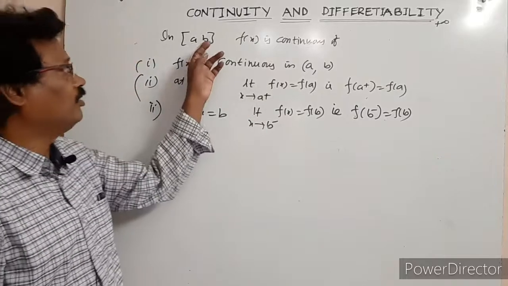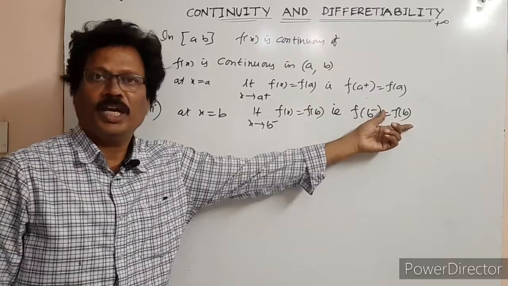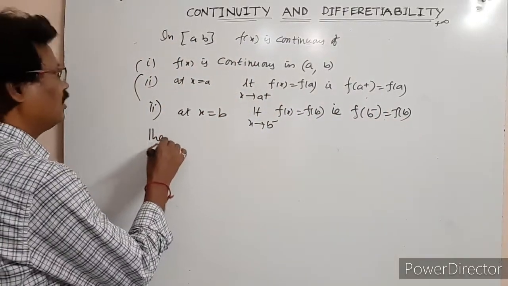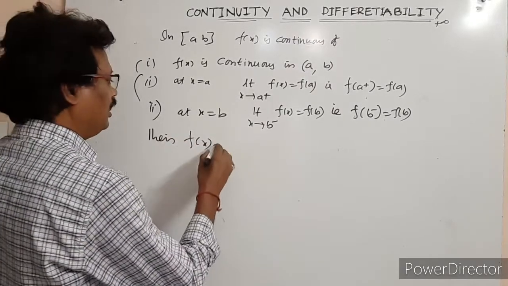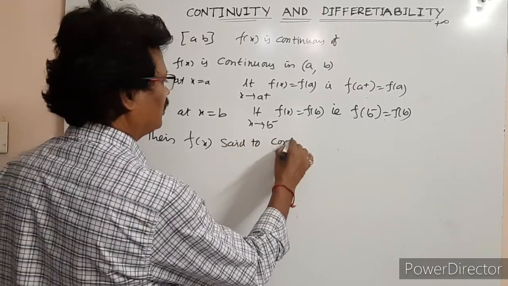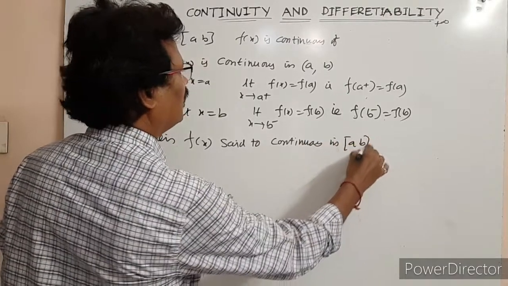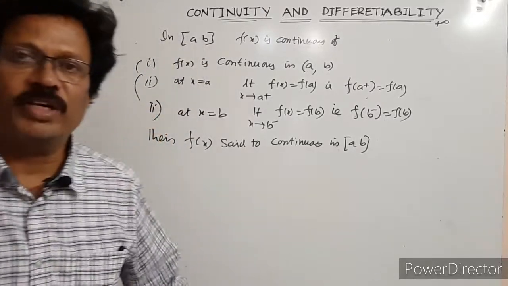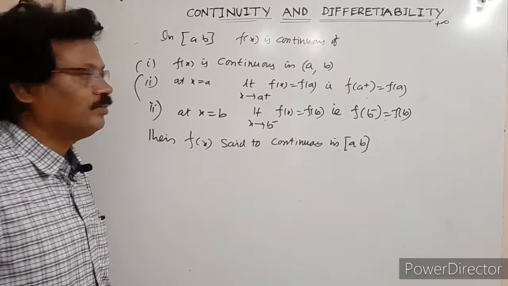At x equal to b, on the right side, only the left limit equal to f of b is enough. Then f(x) is said to be continuous in the closed interval a, b if these three conditions are satisfied.